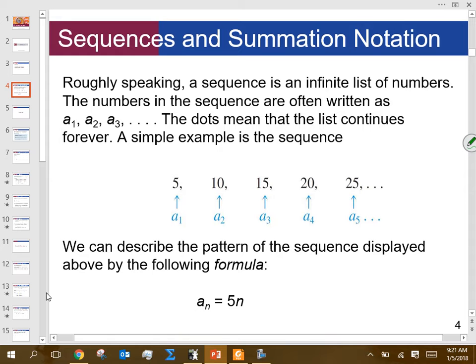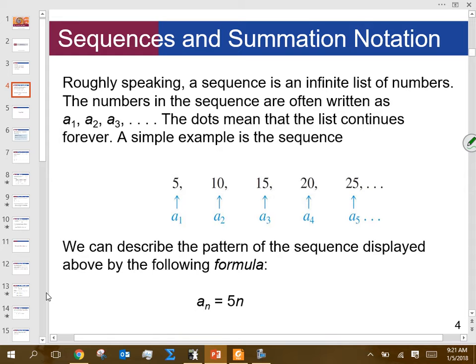I think what gets people in trouble for the most part in sequences and series is the notation. We start using subscripts and it confuses people. What I want you to understand is that when I write the terms of a sequence, obviously the terms in this sequence here are 5, 10, 15, 20, 25, and you can see the pattern, probably going to go 30, 35, 40, 45, 50, whatever.